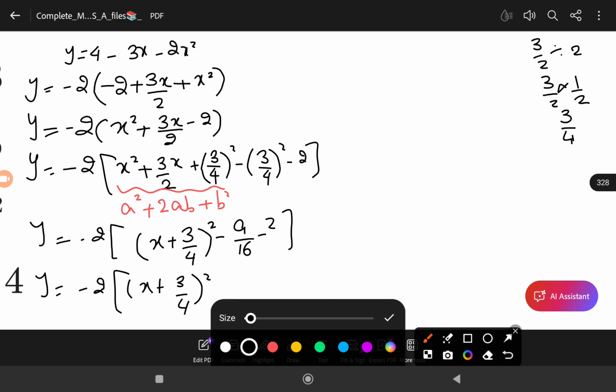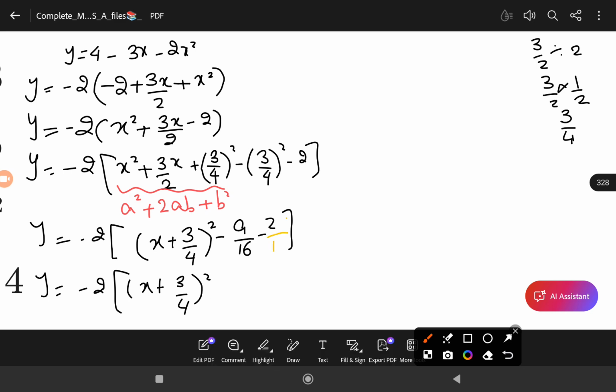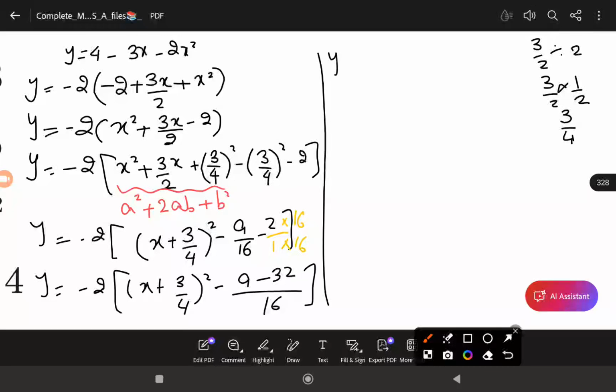For making the denominator the same, we will multiply and divide by 16. Minus 9 minus 32 over 16. y equals negative 2 bracket x plus 3 over 4 whole square minus 41 over 16.